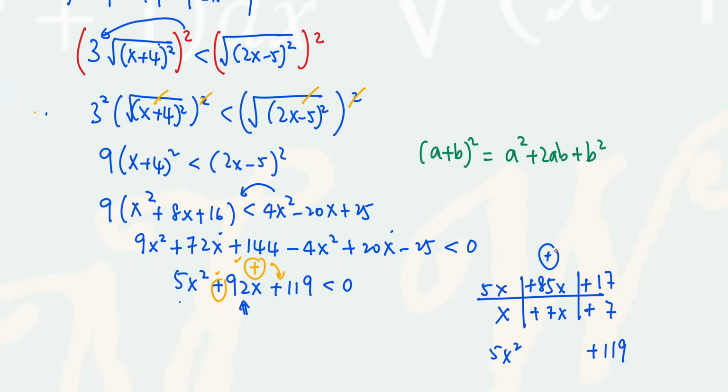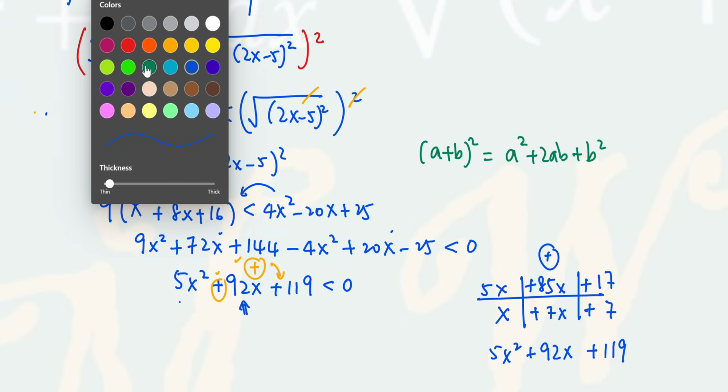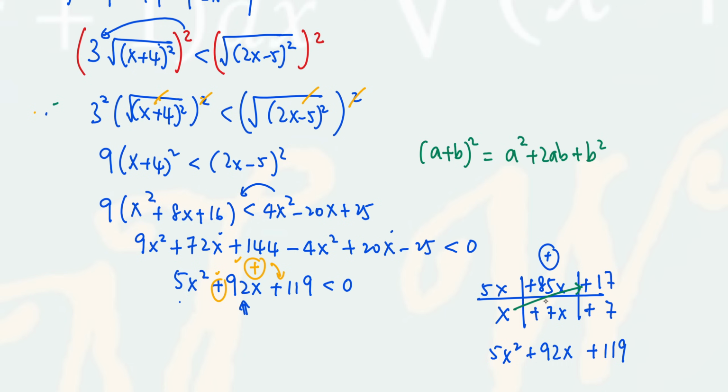And the middle term, you add, so total will be 92x. So now for the factors, just cross multiply. So I will be getting 5x plus 7 as a factor, then x plus 17. Okay, you can get this easily from the calculator using the quadratic function and less than 0.